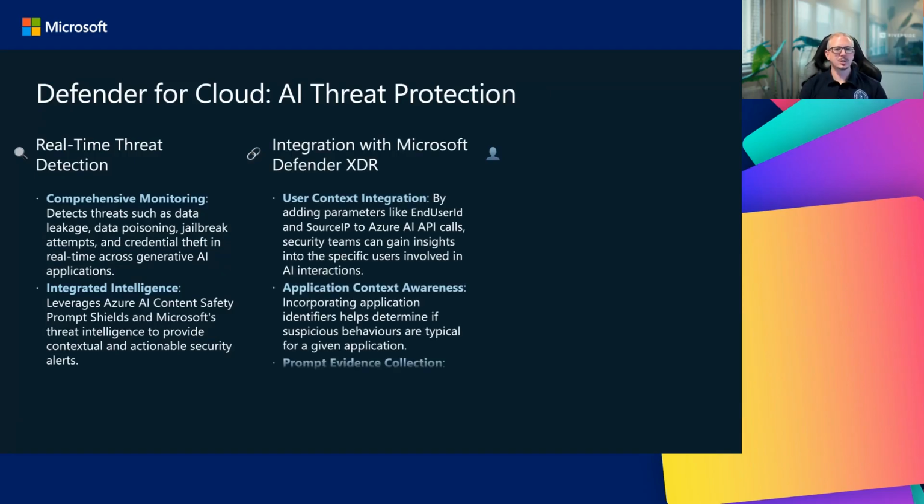It also integrates with Microsoft Defender XDR. So if this is something which you're already using, you're able to take the AI threat protection capabilities of Defender and feed that into XDR, which gives you stuff like user context integration, application context, and also allows you to capture and analyze specific user prompts and AI responses so that you have evidence for specific security alerts.